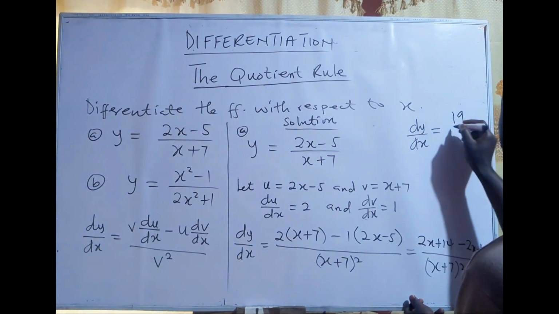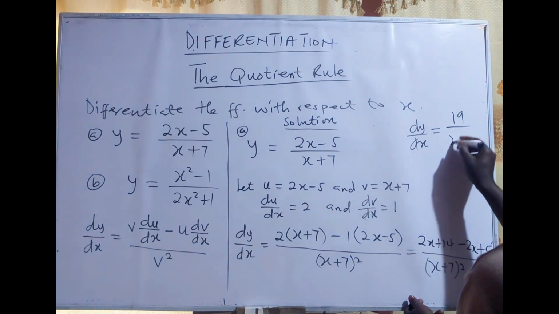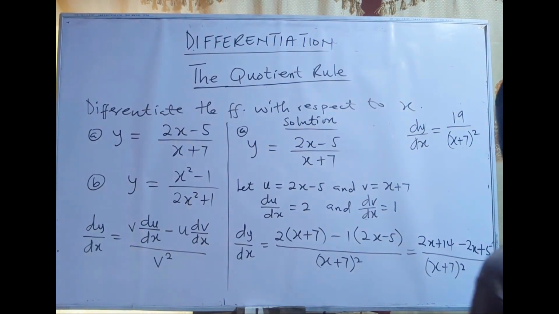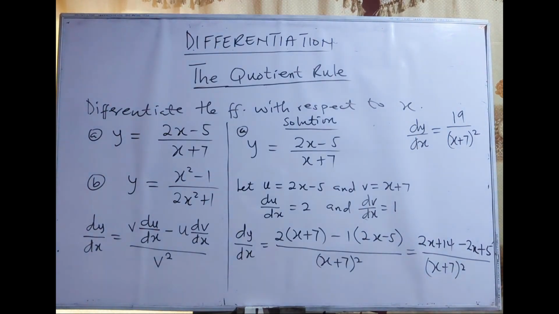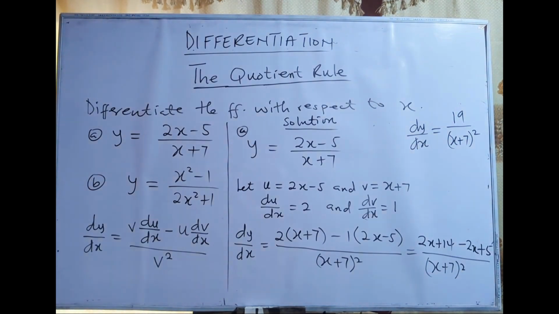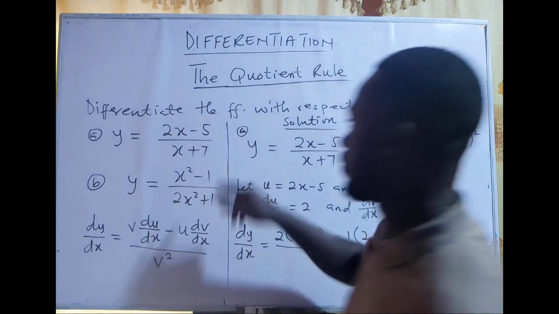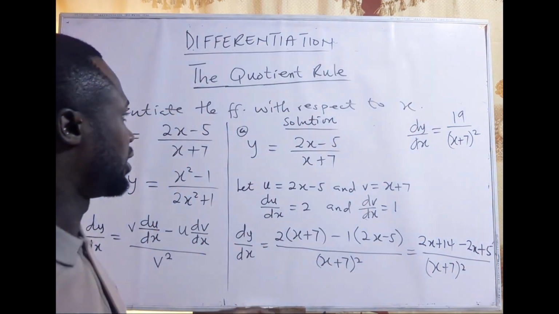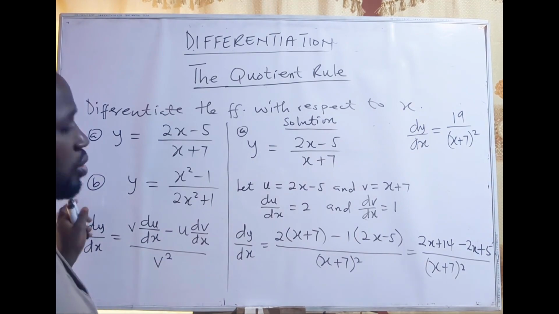So we have 19 divided by x plus 7 all squared. So that is our answer for the differentiation of 2x minus 5 all over x plus 7. All right, so let's go to the b.